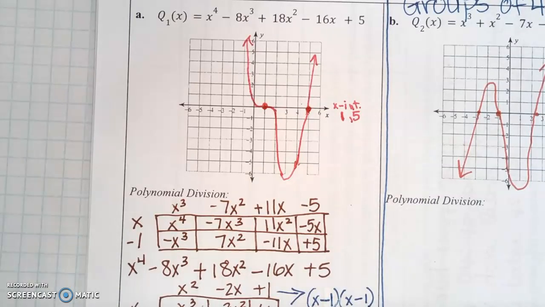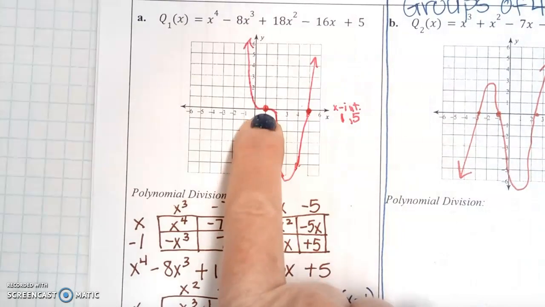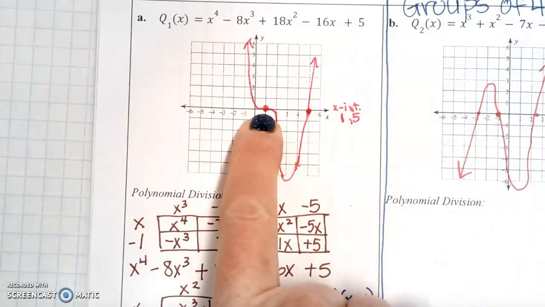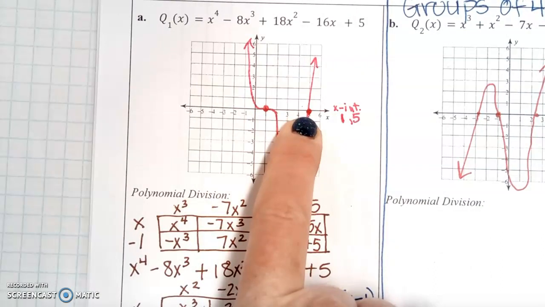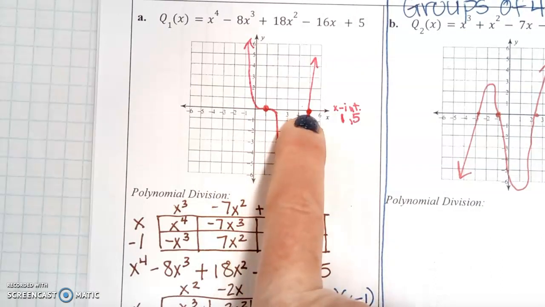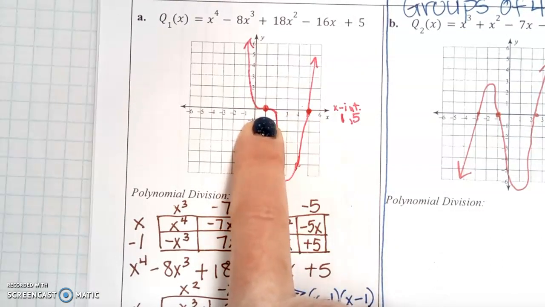But with Desmos graphing calculator, you can take the pointer and hover over the spots where it's crossing that x-axis. Okay? It had a definite point here at 1, 0 and a definite point here at 5, 0.